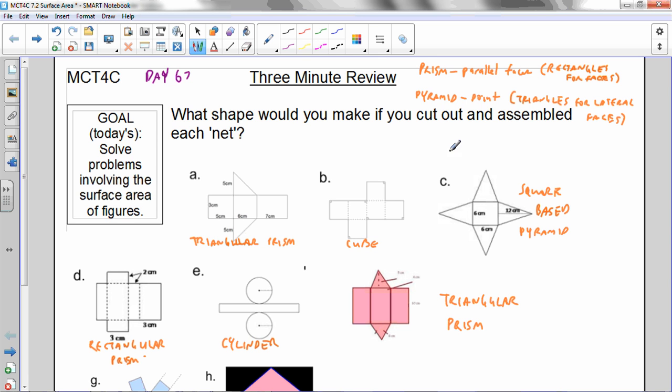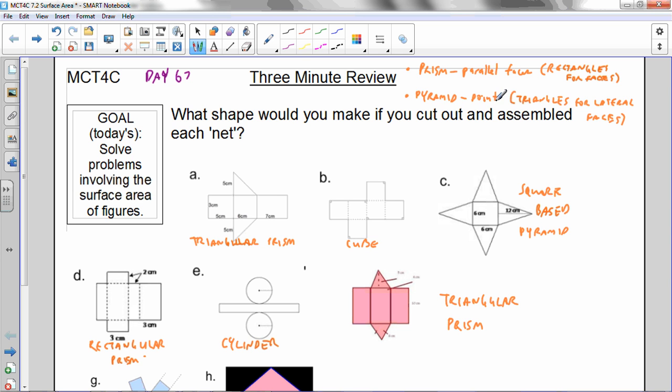One thing that we might get confused on sometimes is this idea, what's the difference between a prism and a pyramid? A prism has two parallel faces, and then there's rectangles that join them. Whereas a pyramid comes to a single point, like a pyramid.